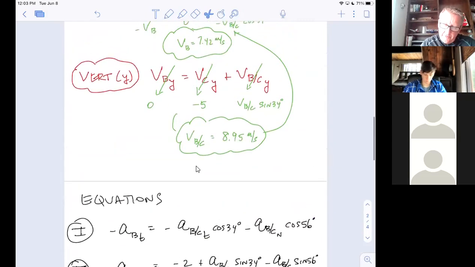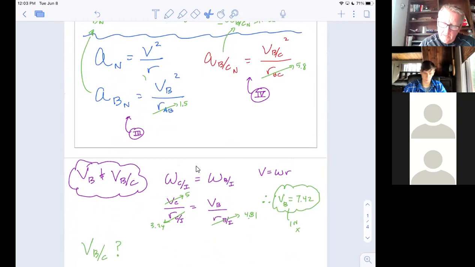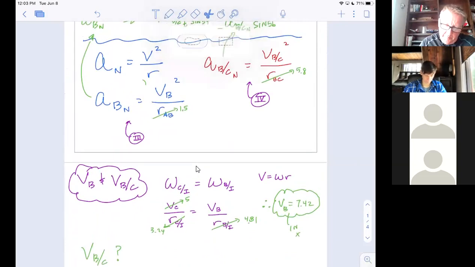And then these last two equations down here, 3 and 4. What was 3? Let's just grab both of these at the same time.